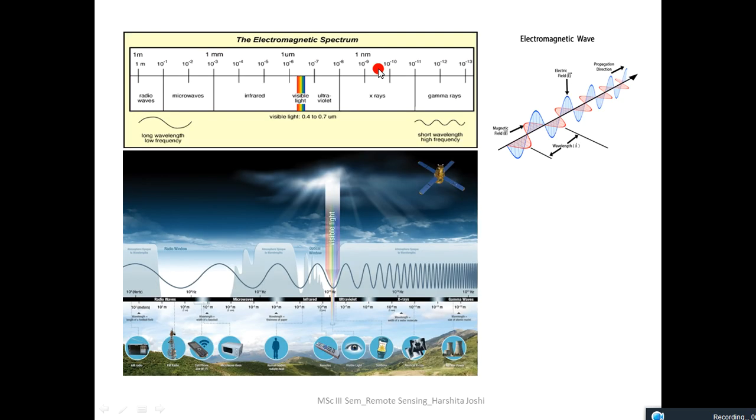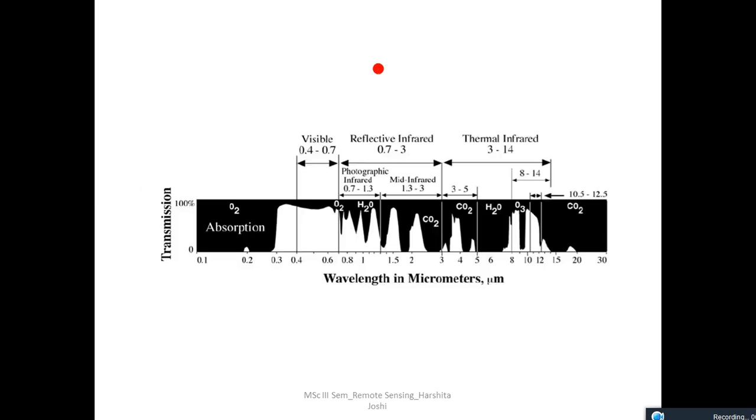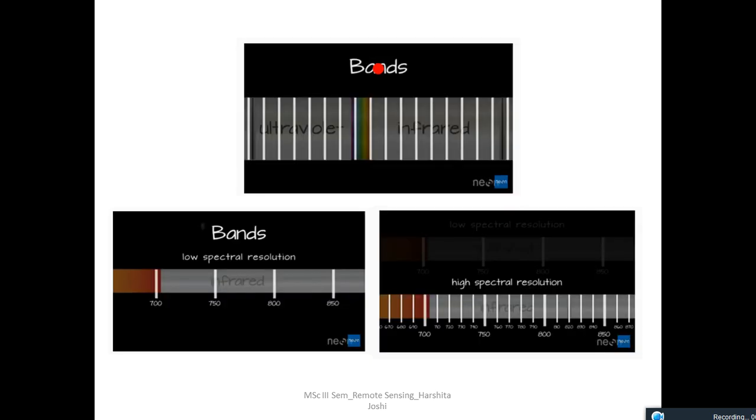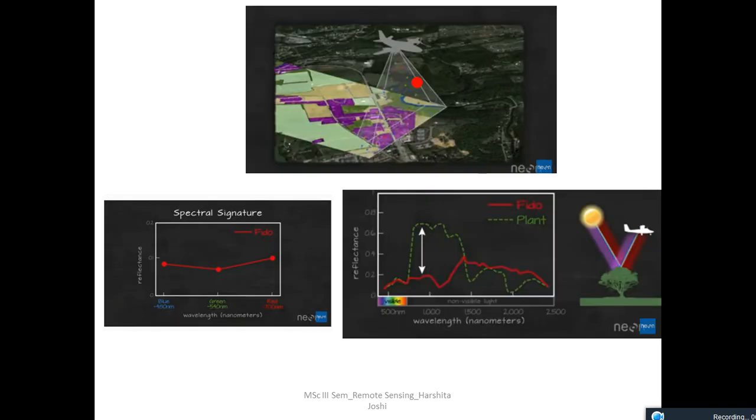Okay, so we revised the electromagnetic spectrum and understood various ranges in which visible, infrared and microwave waves fall, and then we understood what bands are, what are low spectral resolution bands, and within the bands what are high spectral resolution.